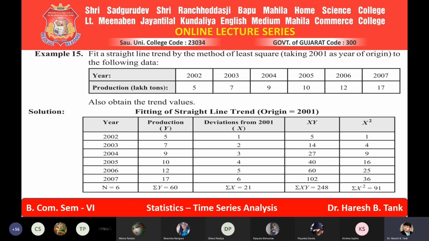So make a column of variable x now. 2002 minus 2001 is 1.